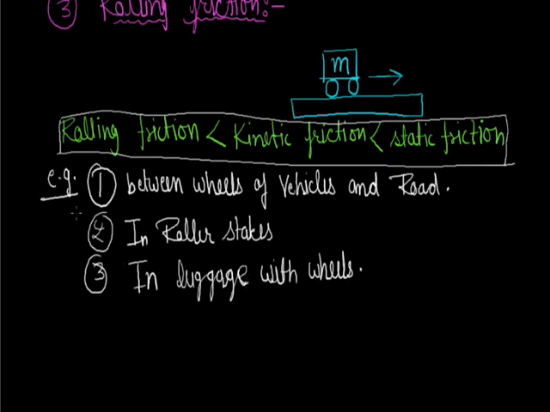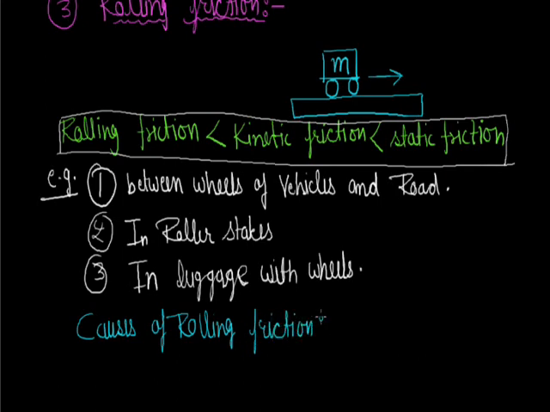Now causes of rolling friction. The roller or the wheel deforms the surface on which it is rolling temporarily.